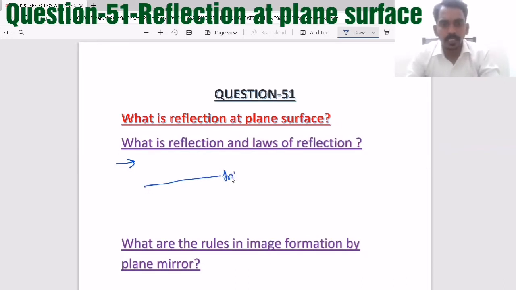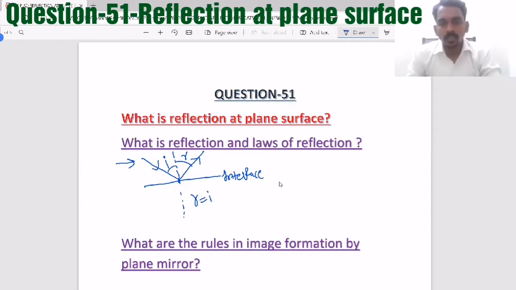When there is an interface, which separates two different media, and light falls on the surface, then if it bounces back into the same medium, not entering into another medium, such that when you draw a perpendicular at the point of incidence, that is called the normal, it makes some angle that we call the angle of incidence, and the reflected light makes the same angle, that is r equal to i with the normal.